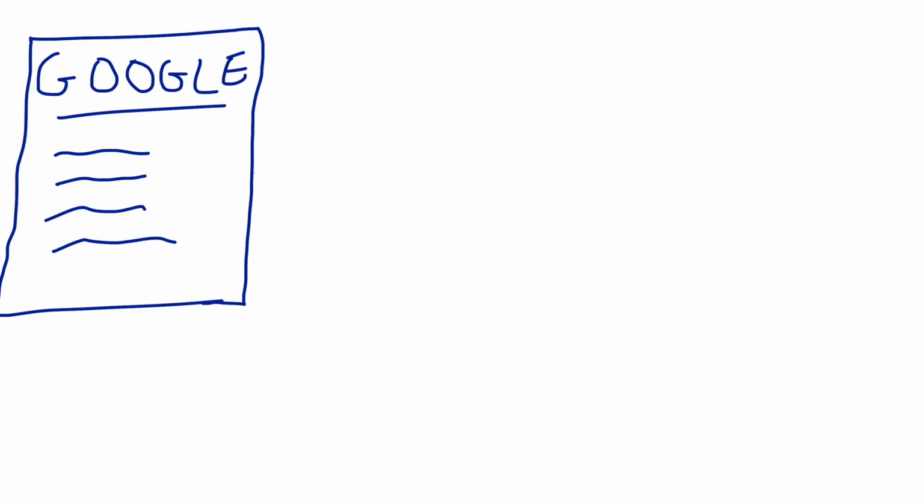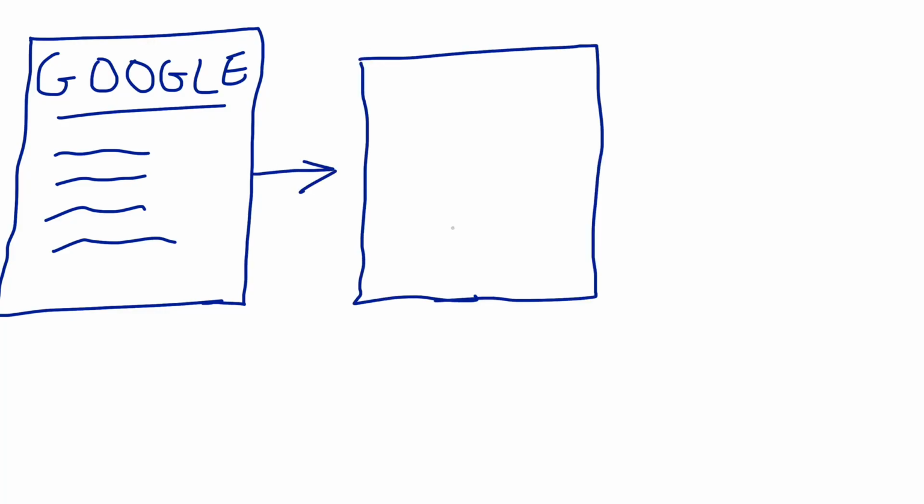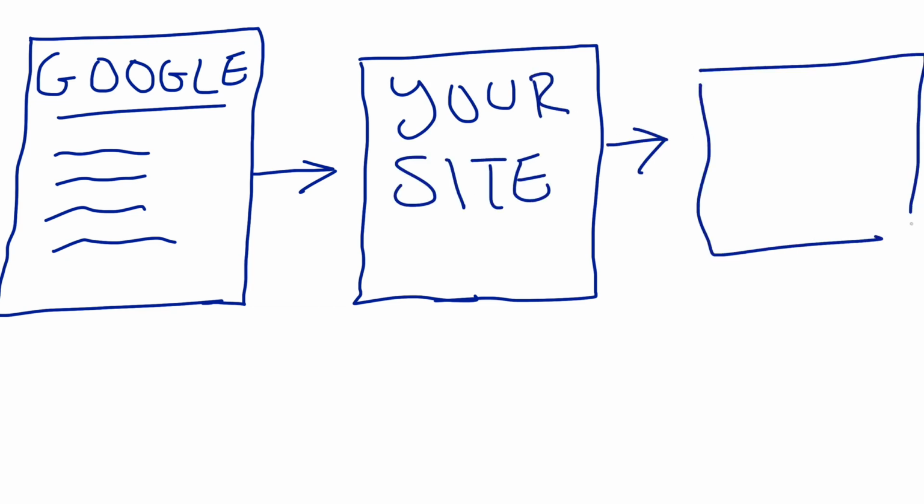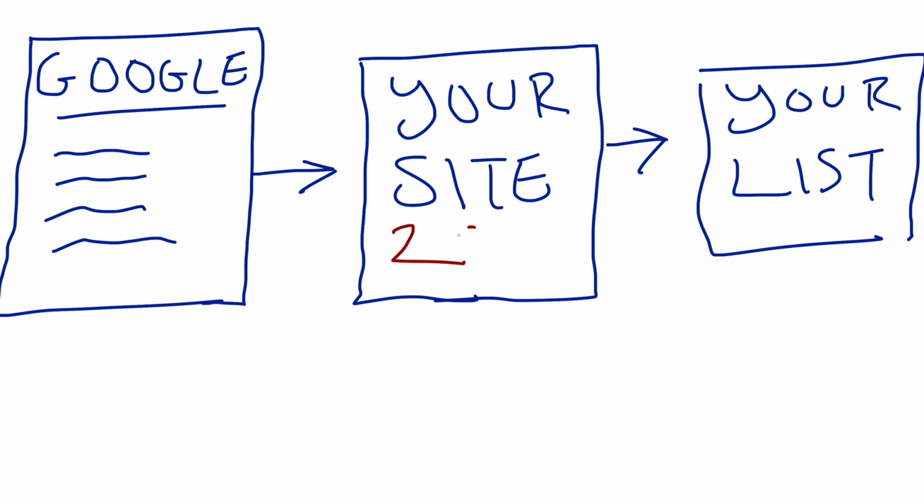Now, for us, for marketers and content creators, the ideal scenario is that organic traffic visits your website. And then from there, they subscribe to your email list. But of course, in the real world, well, you'd be really lucky if that happens 20% of the time.